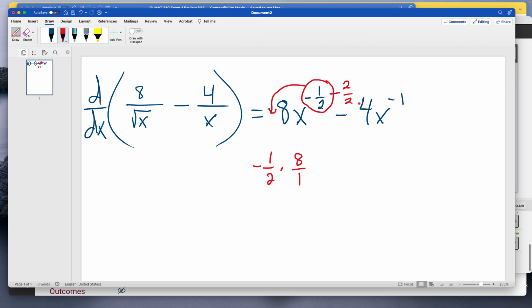That's another form of 1, right? 2 divided by 2 is 1. So I have a negative 1, and then we do the numerators: minus 1 minus 2 all over 2. So that's going to be negative 3 halves. And I'm going to put it up here, x is up in the numerator at this point, to the negative 3 halves.